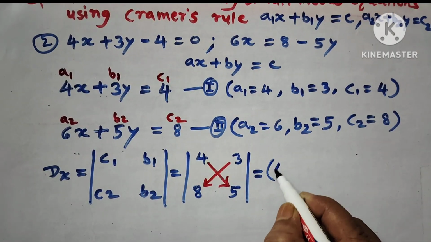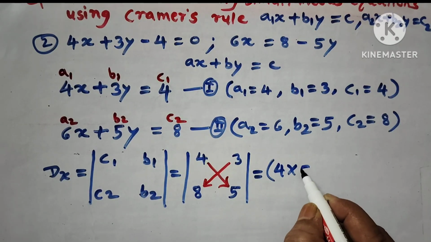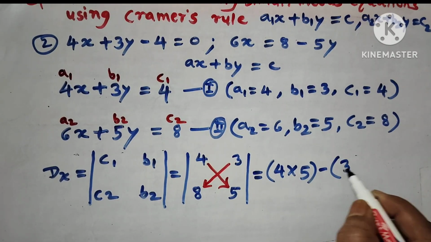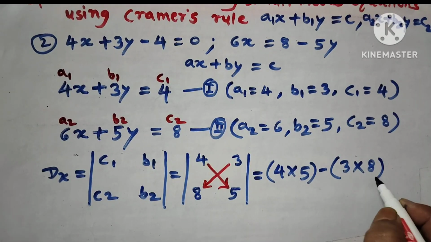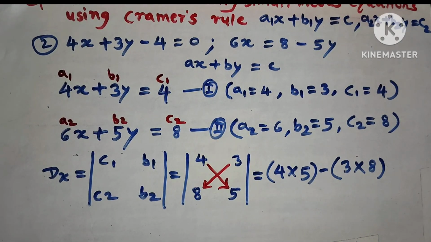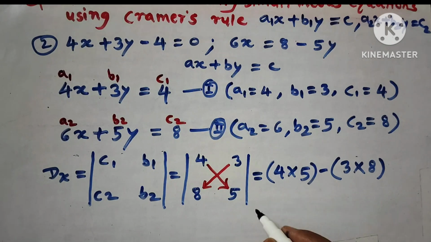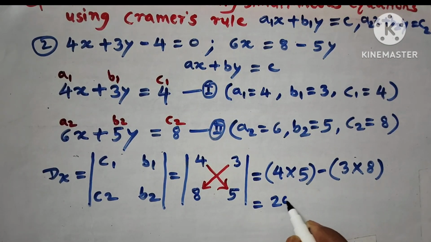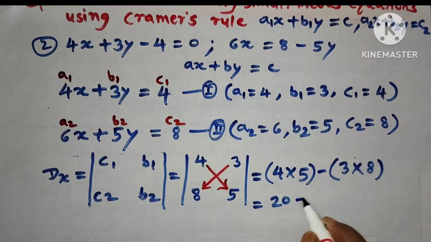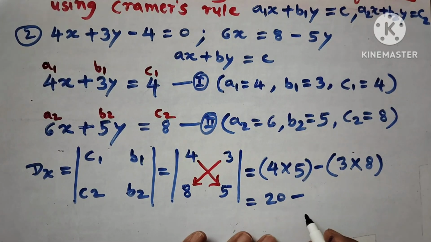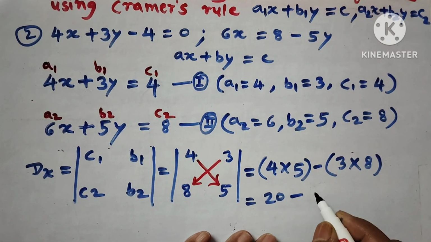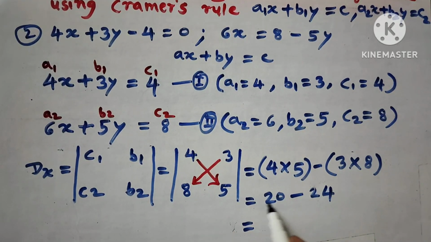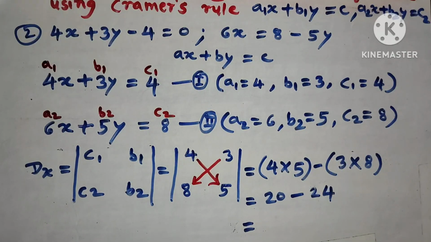In bracket 4 into 5, minus in bracket 3 into 8, is equal to 20 minus 24, is equal to plus 20 minus 24.